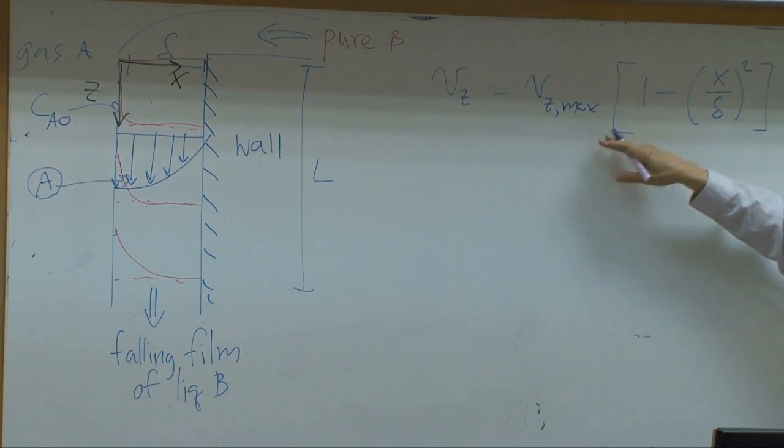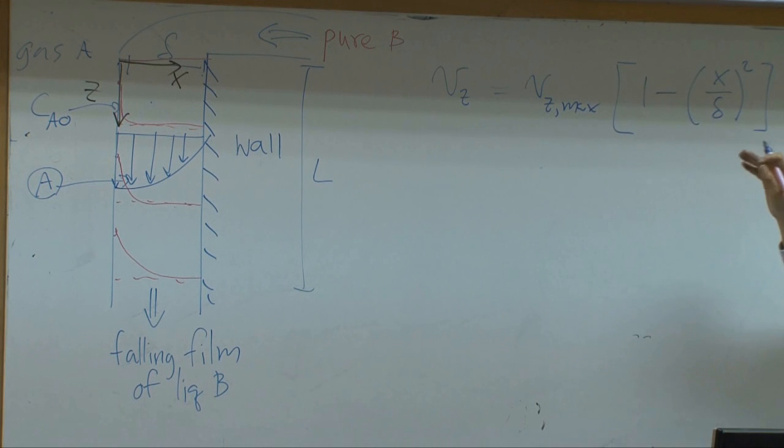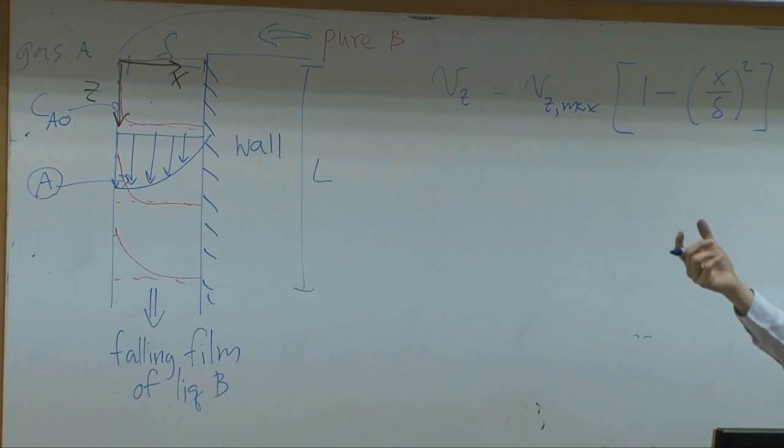Remember, this velocity profile is achieved by doing momentum balance, assuming that liquid is one single component, right? When we learned about velocity profile from momentum balance, we treated all the species in our system to be a single species.